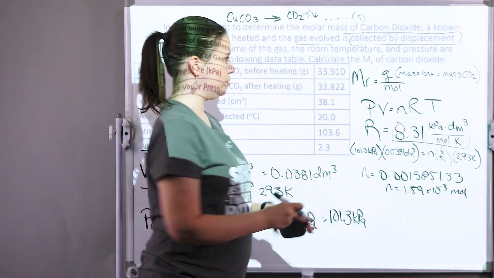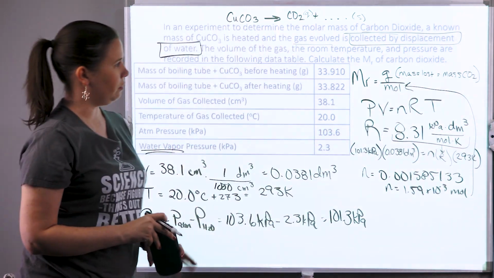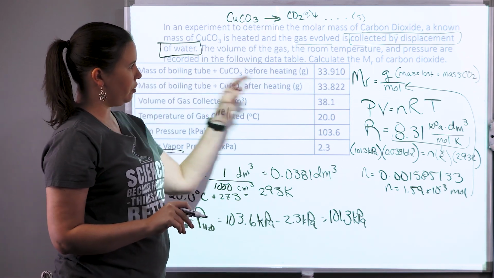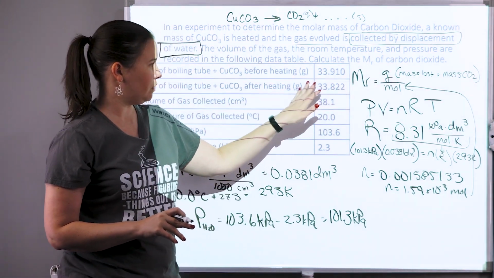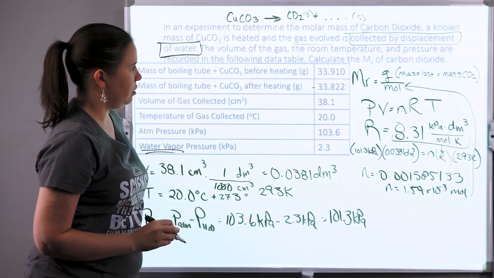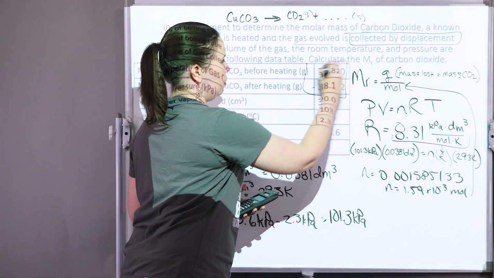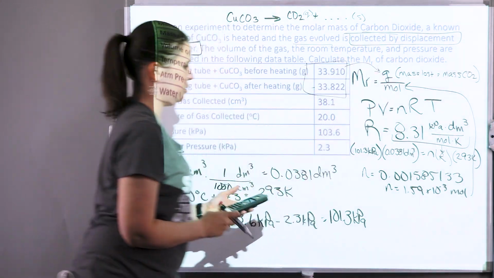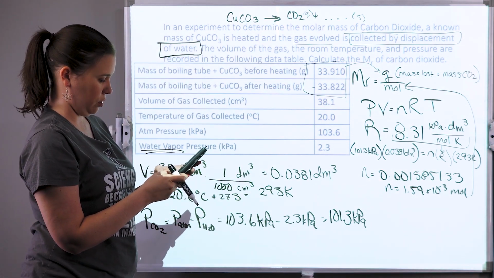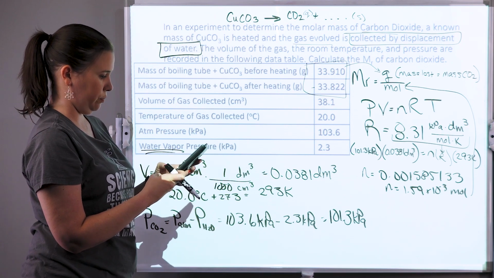Now that I have moles, I can find my relative atomic mass. So that's going to go in the bottom. And although I figured out what to do on the top, I never actually did it. So let's go ahead and subtract 33.91 minus 33.822.